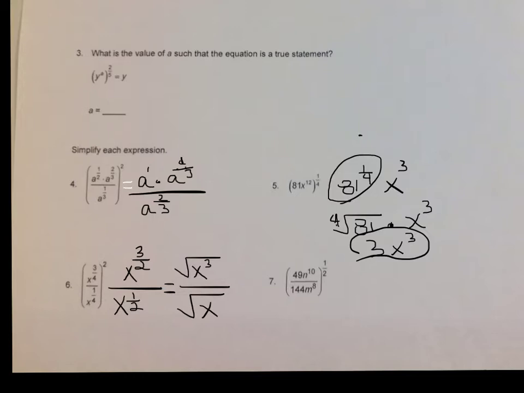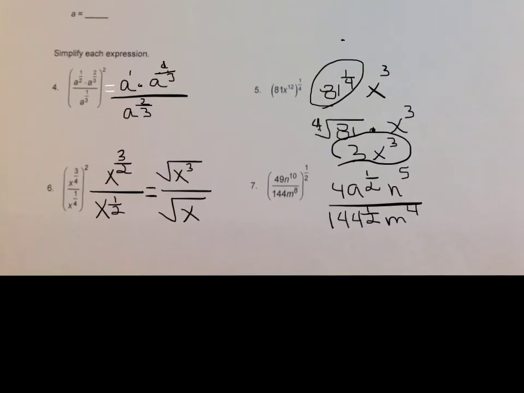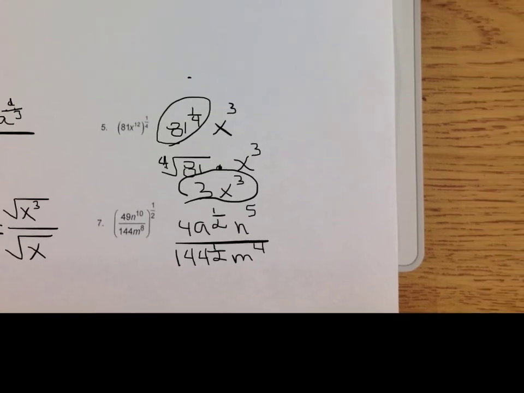Okay, number 7, you should have gotten 49 to a power of 1/2 times n to a power of 5 over 144 to a power of 1/2 times n to a power of 4. Now, I need to move this over so I have some room.